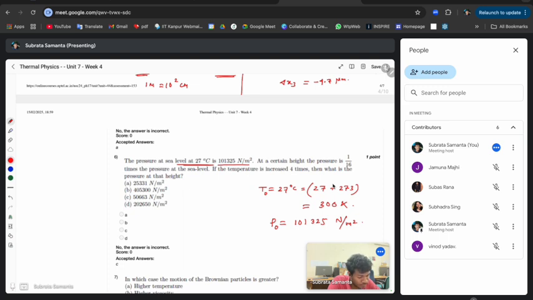At a certain height from the sea level, this is your sea level, and at a certain height, let's say P1, the pressure is 1/16 P naught.